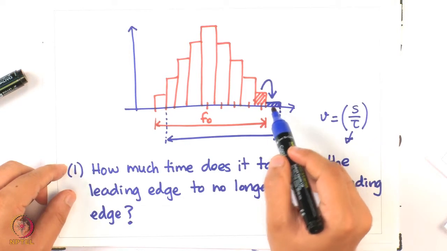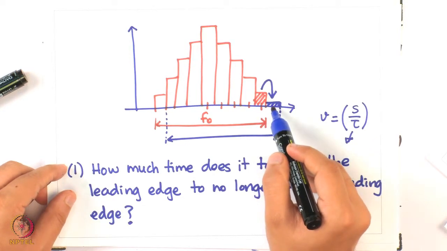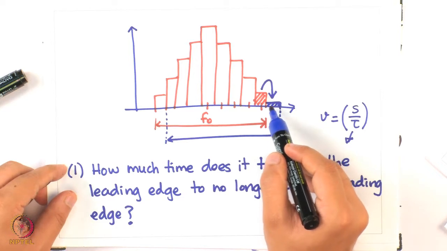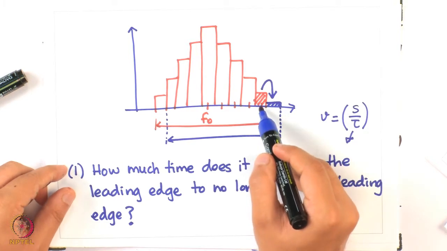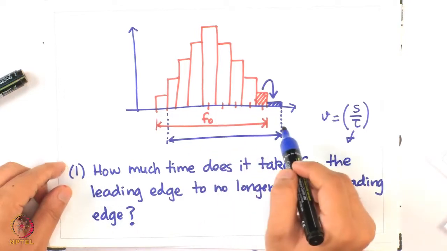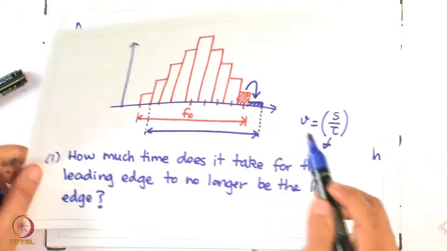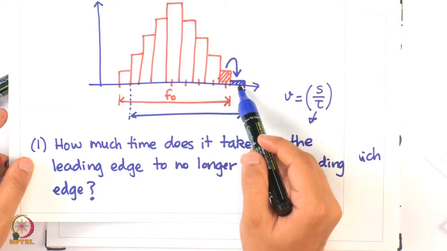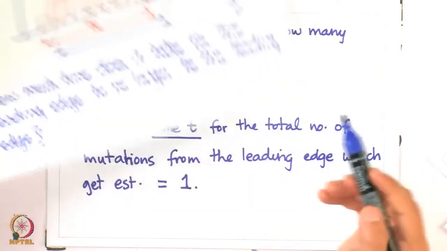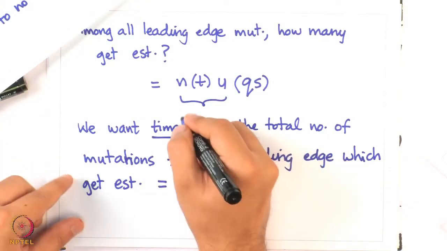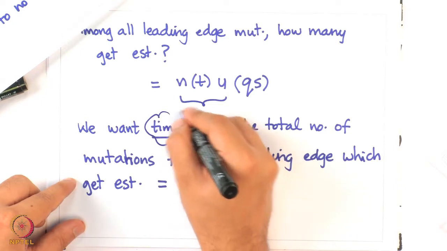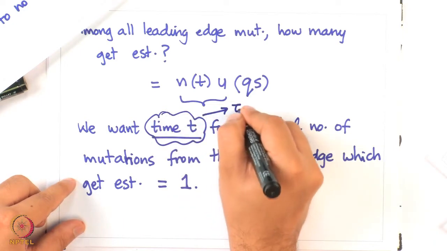What that means is that the leading edge is no longer the leading edge and has now been relegated to the second bar on the distribution that we have here. And the time it takes for the leading edge to produce a mutation which gets established is also equal to tau. This time is going to give me a value of tau.